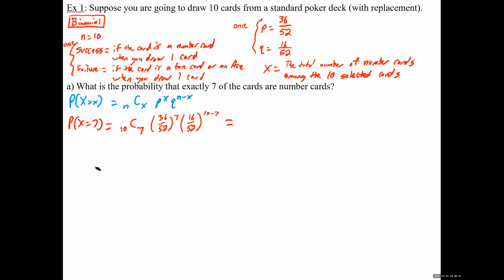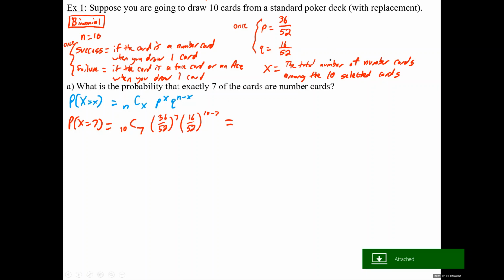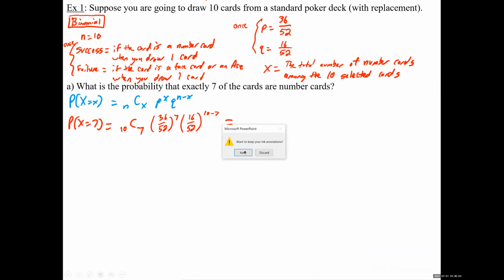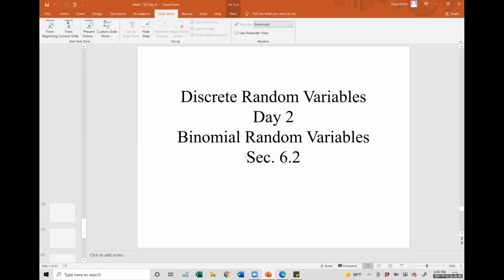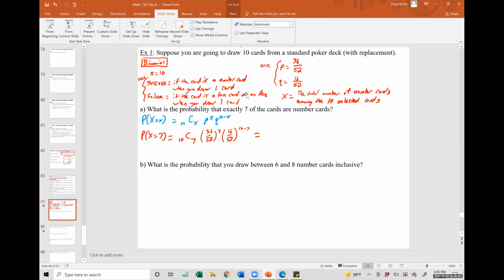Any questions on that much? I might have missed it, but what does the 10 stand for before the C? Okay, let's talk about this C business. First of all, I didn't derive the formula for you. And the second thing is, when we did the counting section, where I talked about the multiplication rule for counting, remember that?